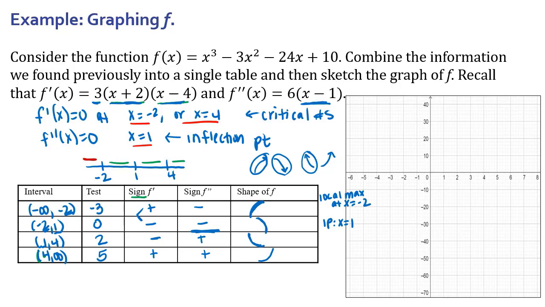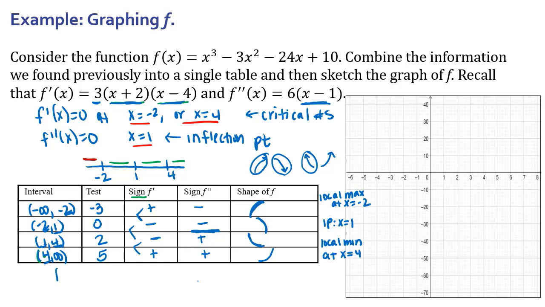And then at this endpoint of 1, the first derivative doesn't change sign. So based on that first derivative test, there's not a local maximum in there. And then at this endpoint of 4, we change from being decreasing to increasing. So that's going to end up creating a local min at x equals 4.